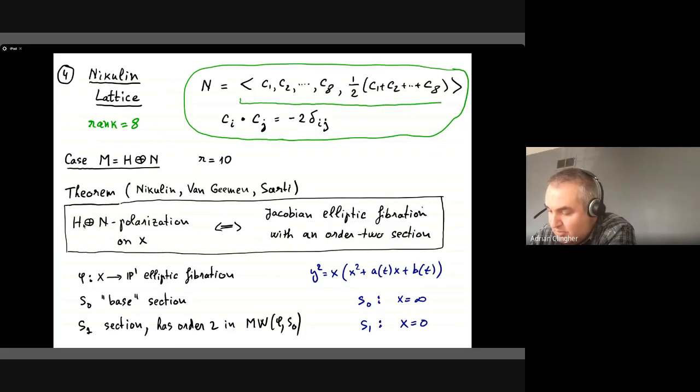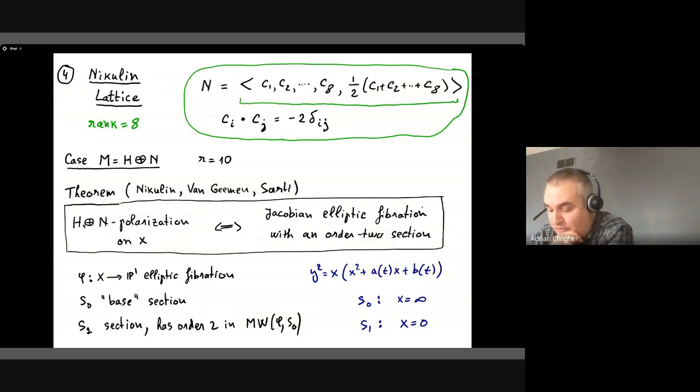Let's suppose that we pick 8 free generators that are orthogonal, and each of them has self-intersection -2. Well, then if I take half of the sum of those, and I consider this as a 9th generator for my lattice, the lattice spanned by these 9 generators is the Nikulin lattice.